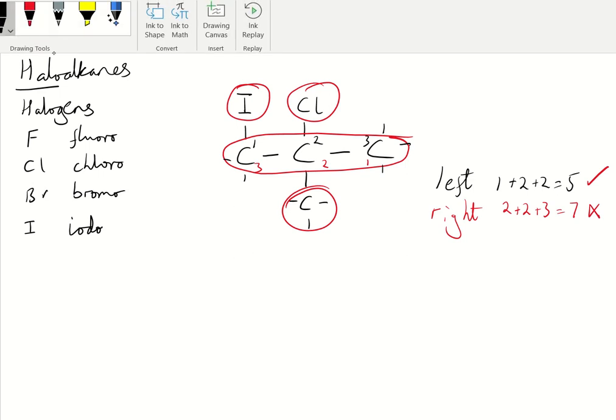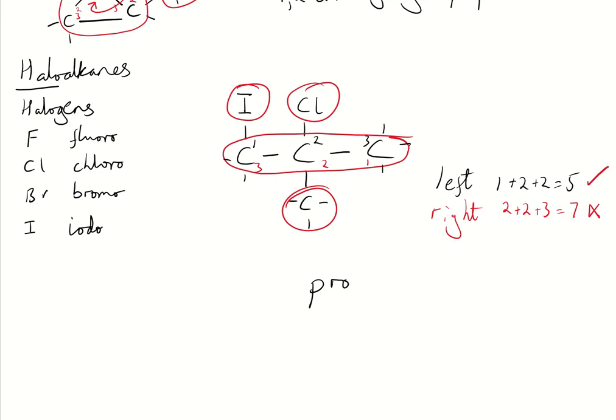So the longest chain, 3, propane. In terms of the individual bits, I've got a 1 iodo, I've got a 2 chloro, and I've got a 2 methyl here. Alphabetical order still applies with these, with the various branches. So regardless of numbers, so obviously chlorine first.